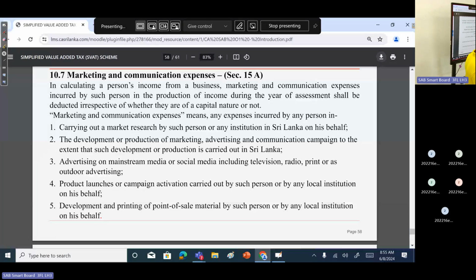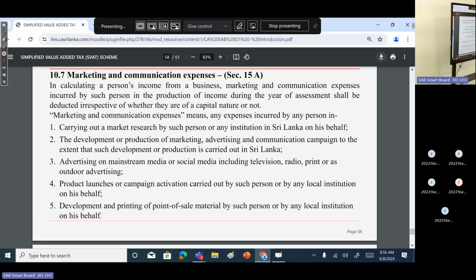When they are launching a product or running a campaign for the product launch, that particular expenditure we can deduct. Right? And developing and printing of point of sale material by such person or by any local institution on his behalf. You know the material, paper cuts and all those things they distribute, and bills, that type.